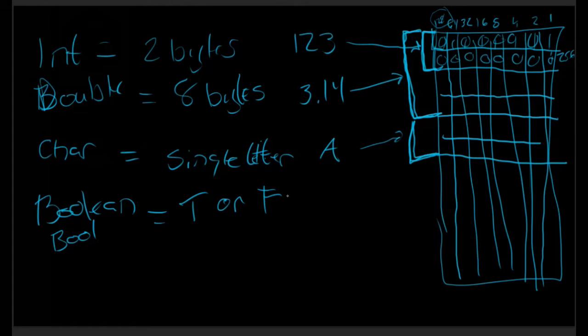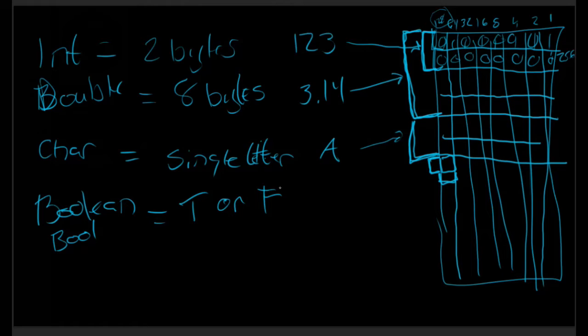How many bytes or bits do you think this takes up? If you said 1 bit, you were correct. This only takes up 1 bit because it's either on or off. It's true or false. It's 1 or 0.